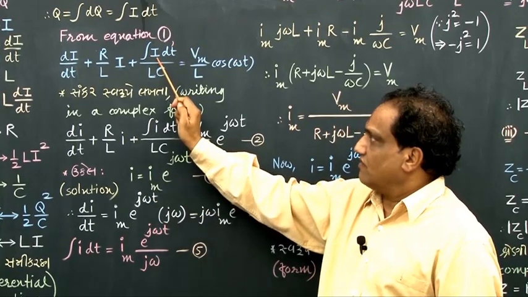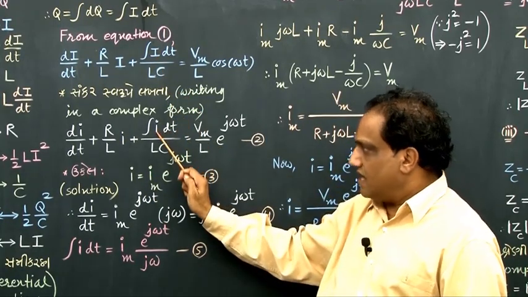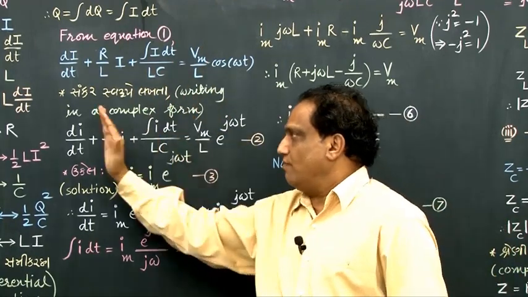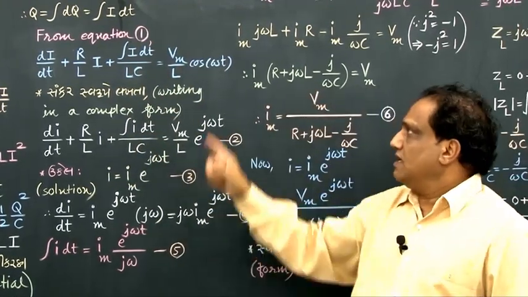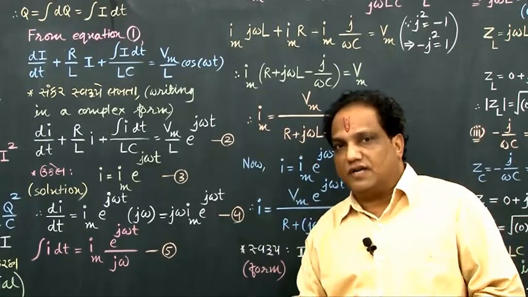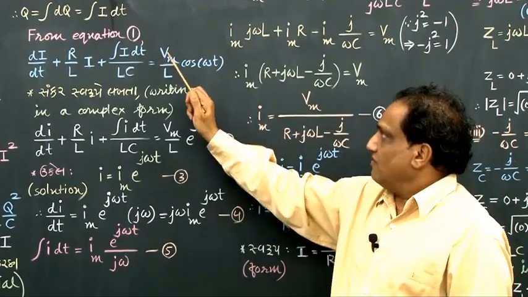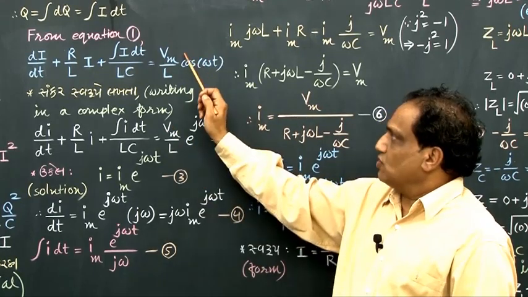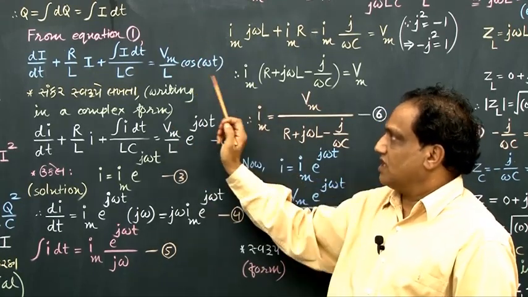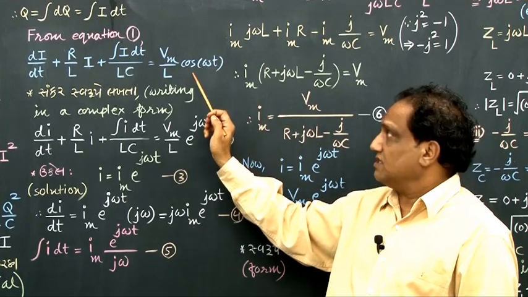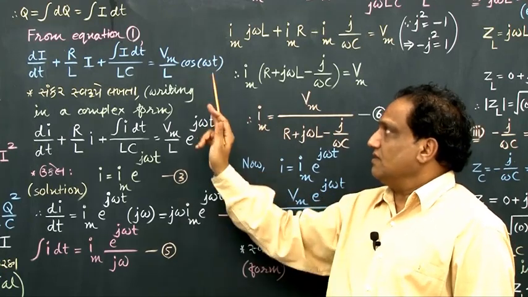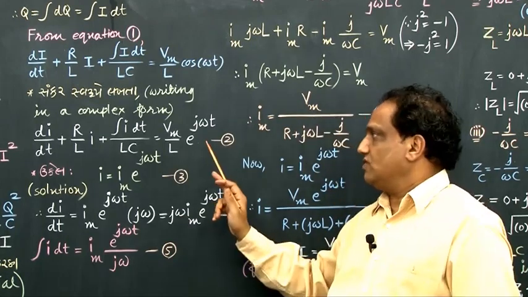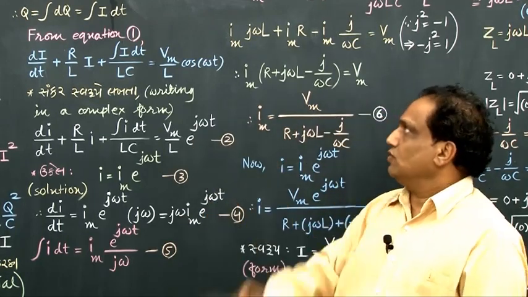So the left hand side we have written in a complex form. Naturally, the right hand side also we must write in a complex form. Vm upon L as it is, but now you should write the complex function for which this is the real part. This is the real part of which complex function? That complex function we should write over here.